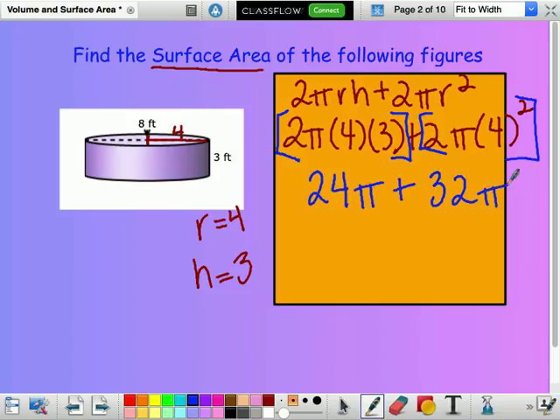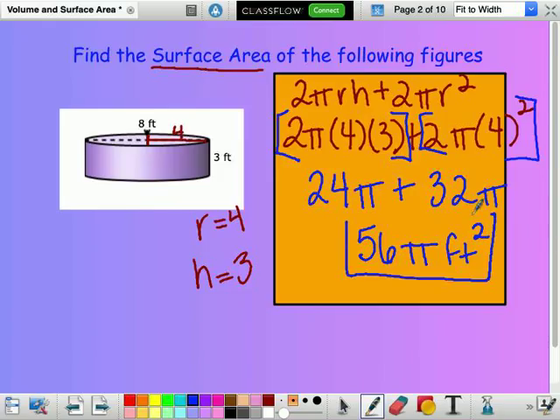So we have 32 pi. So last thing I'm going to do is add these together. So 24 plus 32 would give me 56 pi. And then that would be feet squared. And that's your final answer.